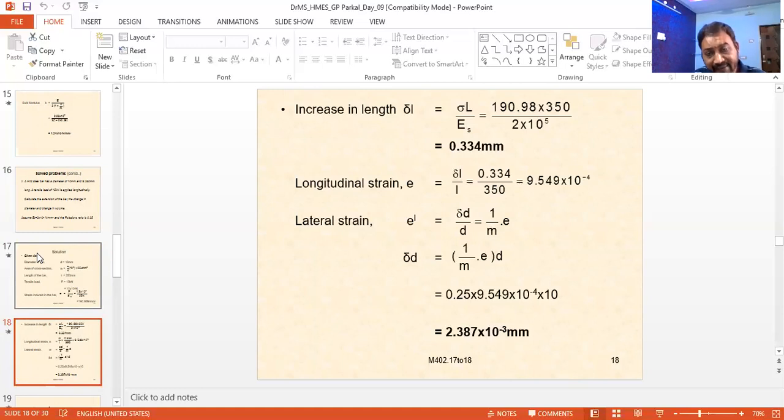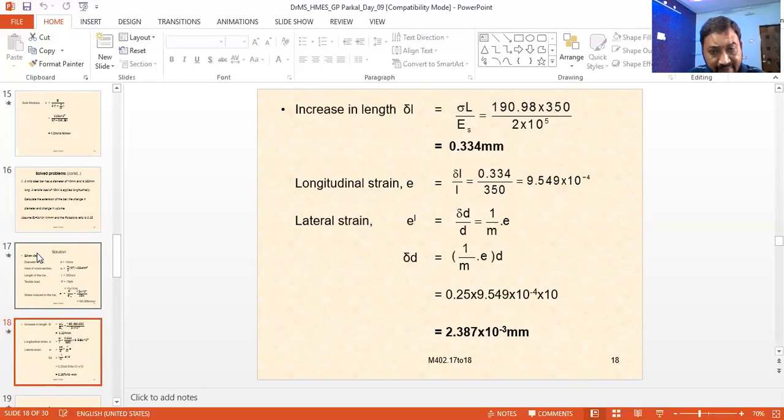Here this is the increase in length by original length, delta L by L. So that is equal to 0.334 by 350. So it is coming to be 9.549 into 10 power minus 4. So this is the longitudinal strain produced in the material.